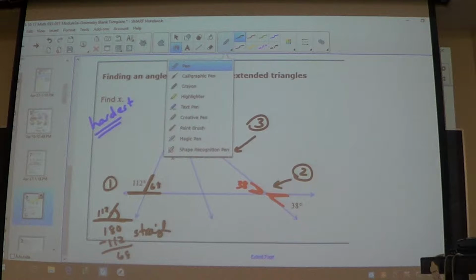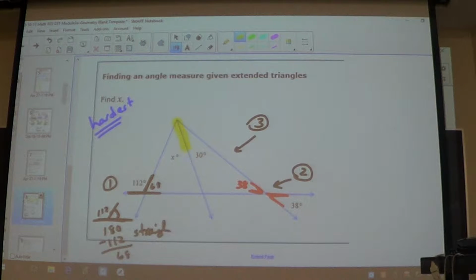Problem number 3 is to see this triangle. And in that triangle, I have a 30 and I have a 38, and I'm searching for this angle. So that's going to be 180 minus 30 minus 38, which gives me 112.